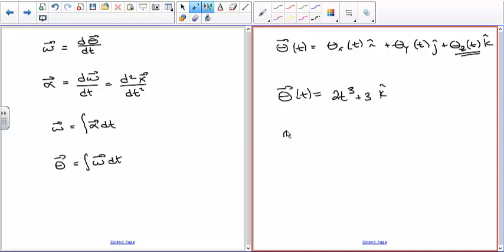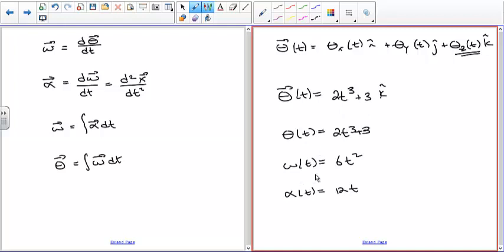Or we could just say theta as a function of time is 2t cubed plus 3, so the omega as a function of time is going to be equal to 6t squared, and alpha as a function of time is going to be equal to 12t. Okay, and if this is k, these would all be in the same direction.